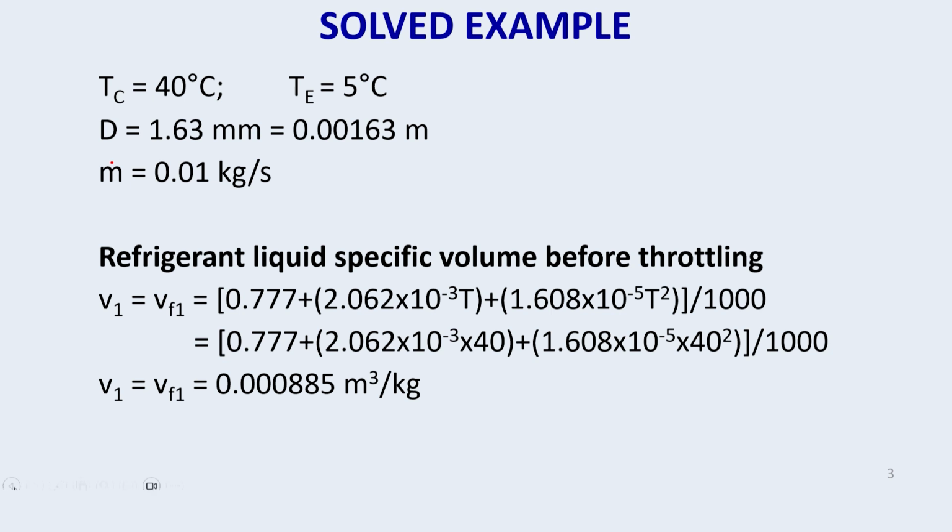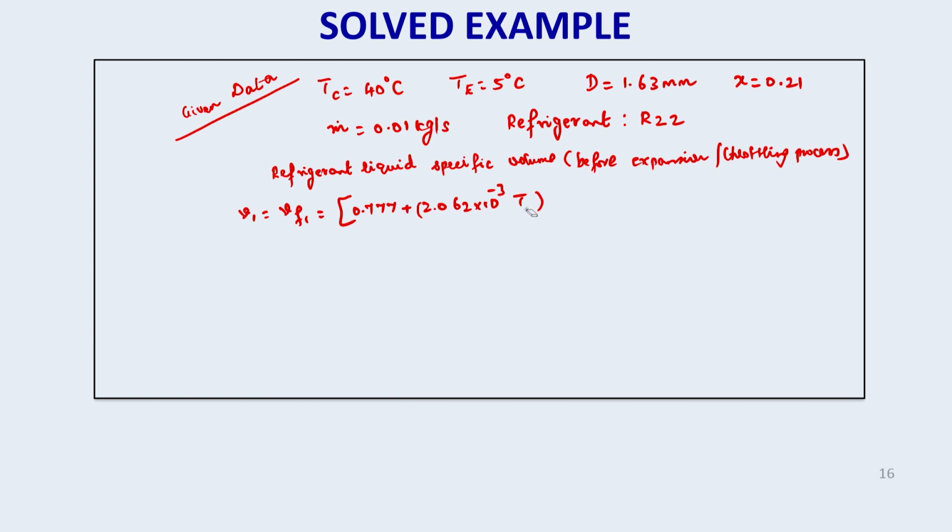Sorry, since it is before throttling, it should be the condenser temperature, not the evaporator temperature. So this will be TC, plus 1.608 into 10 power minus 5 TC square, plus 1.602 into 10 power minus 8 TC cube, and then divide by 1000.